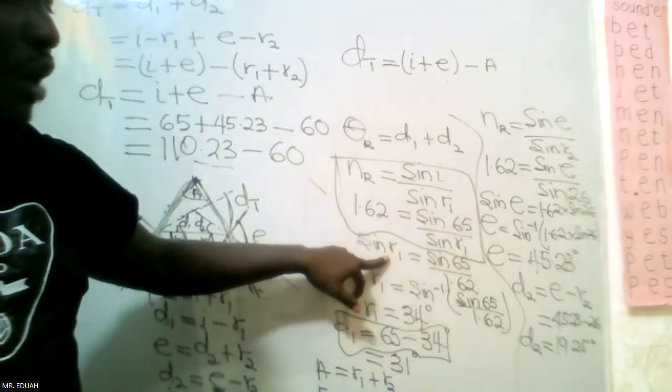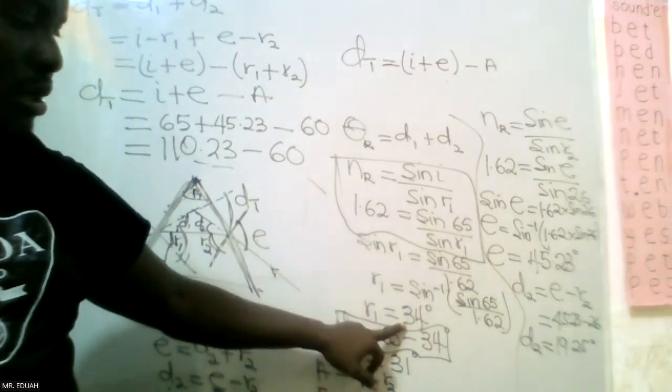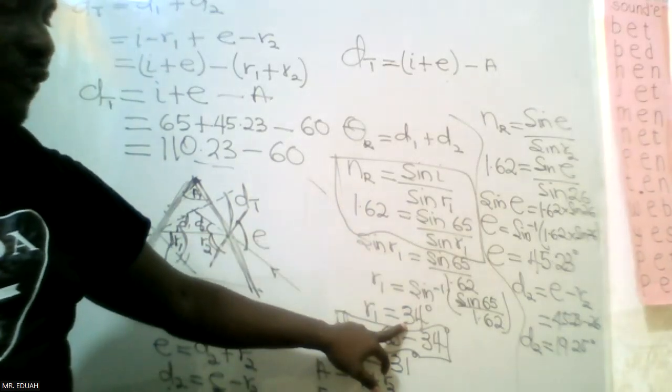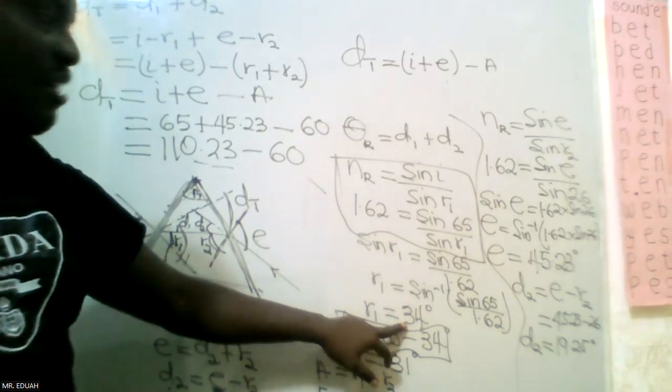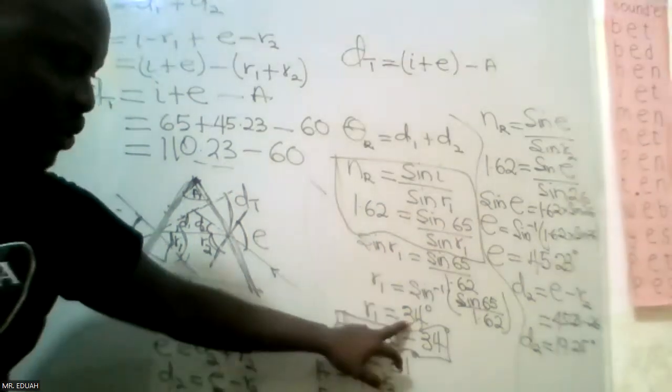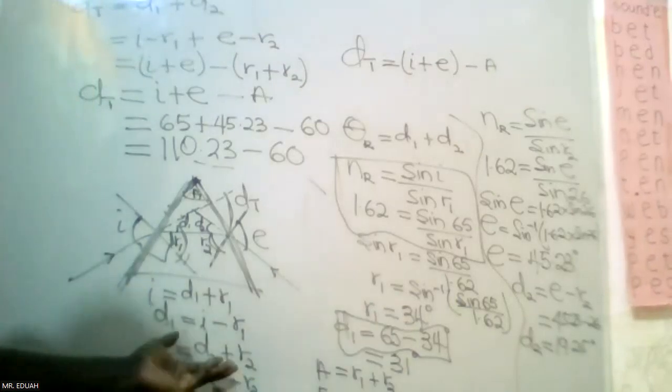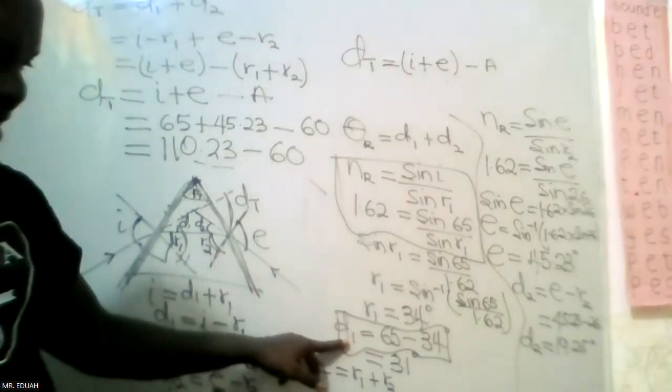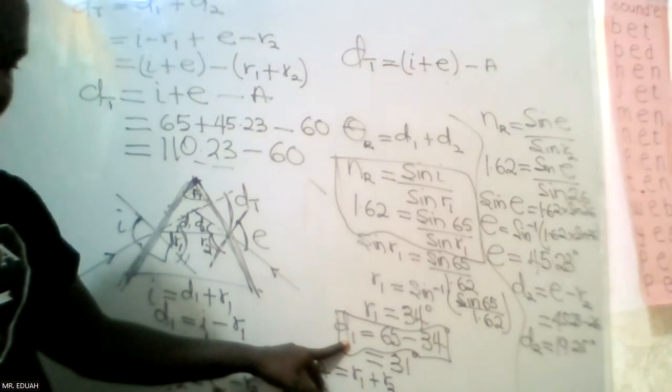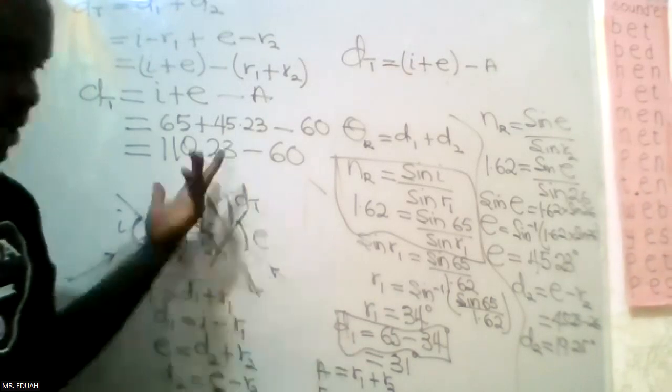Then we found R1. R1 is equal to 34. So once I have I and I found R1, can't I determine D1? Yes, please. That's how we got D1.